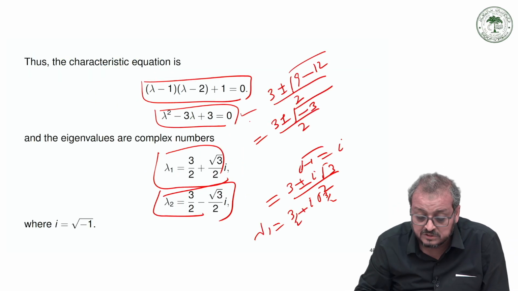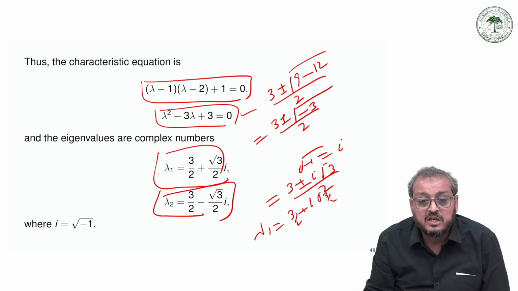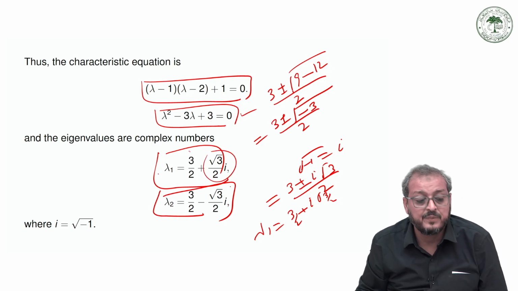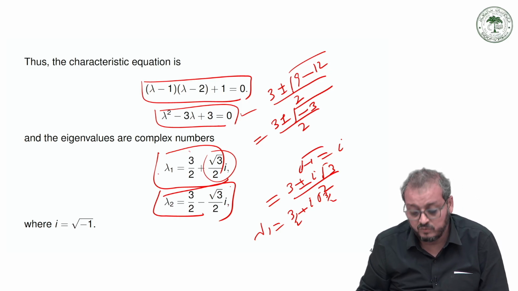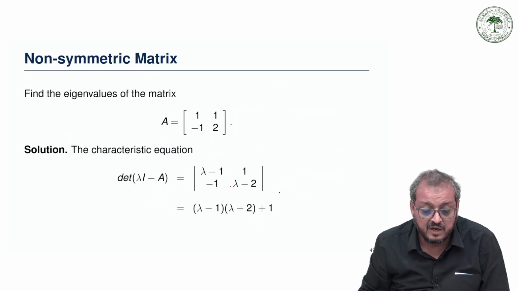For the non-symmetric matrix, the eigenvalues are lambda 1 equal to 3 by 2 plus this, and lambda 2 equal to the conjugate, a complex conjugate pair. This is how we can calculate it for a non-symmetric matrix.